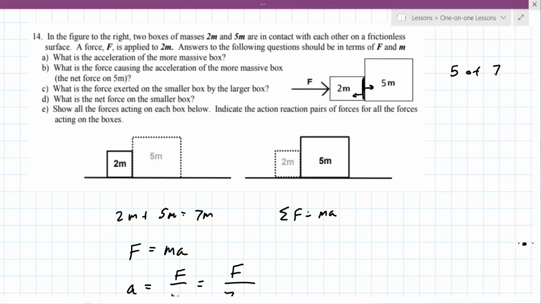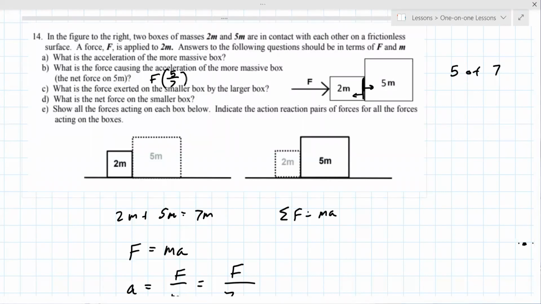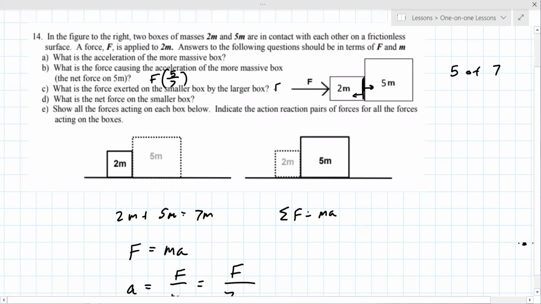So part B here is that it's 5/7 of F. Whatever the force is, this bigger block, because its mass is 5/7 of the group, gets 5/7 of the whole thing. And then the smaller one, well, it's 2/7, because it's 2 out of 7.